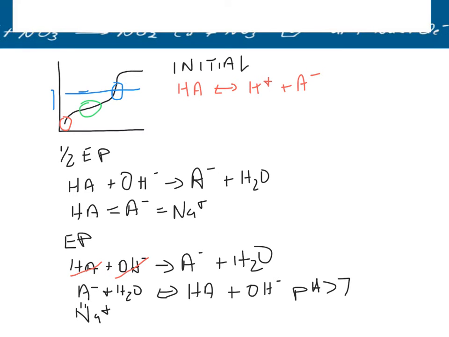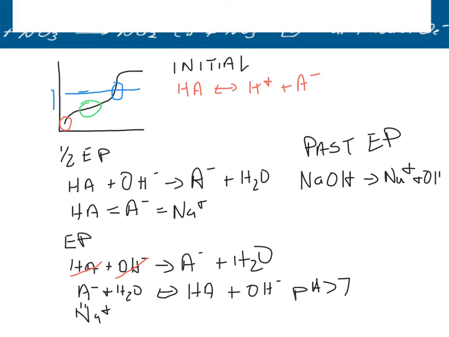And lastly here, past the equivalence point. We have completely converted all of our acid to conjugate base at the equivalence point. So there's no more of this left to react.